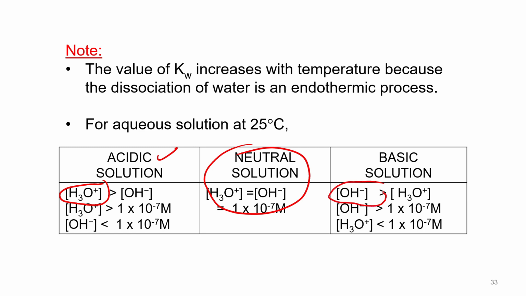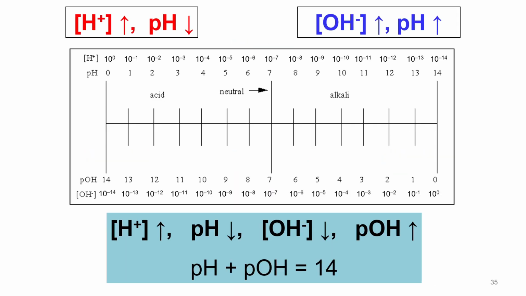Both the H plus ion and OH minus ion are 1 exponent negative 7 in the neutral case. Let's look at which one is more abundant. If OH minus is high, it is basic. If H3O plus is high, it is acidic. So this one is the relation between concentration, pH and pOH in the pH scale.